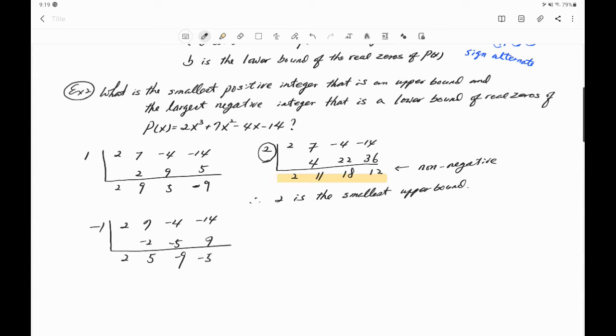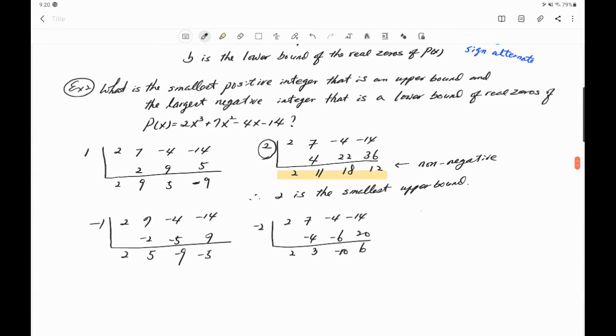As you see, the sign does not alternate, so negative 1 is not a lower bound. Then let's try negative 2. Bring 2 down, negative 4, 3, negative 6, negative 10, and positive 26. Even negative 2 does not make the last row alternate in sign, right?